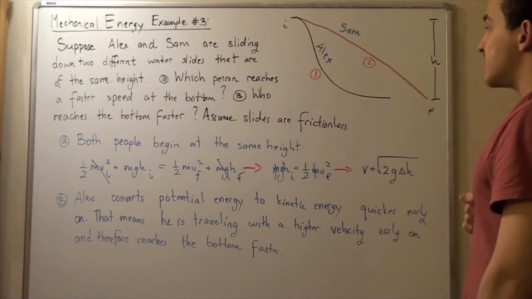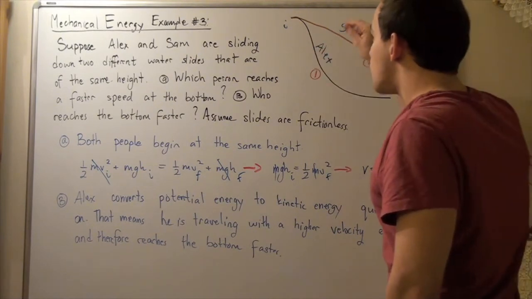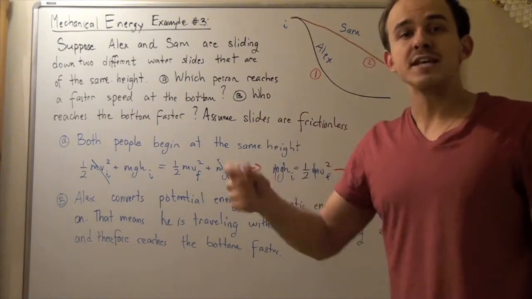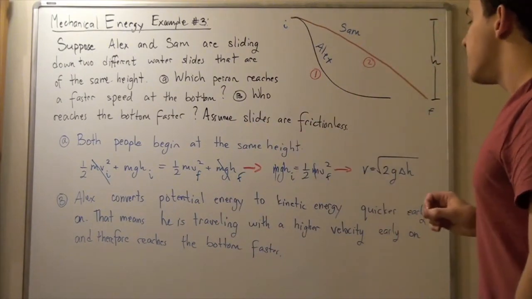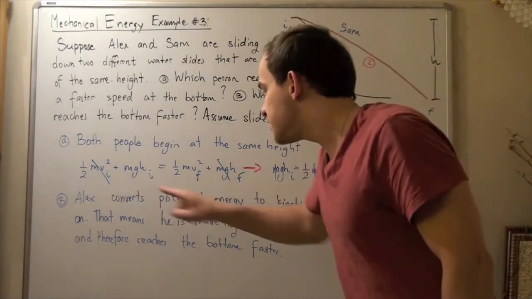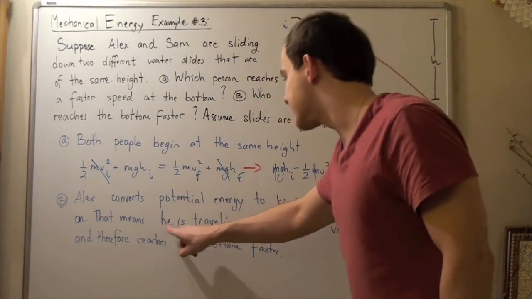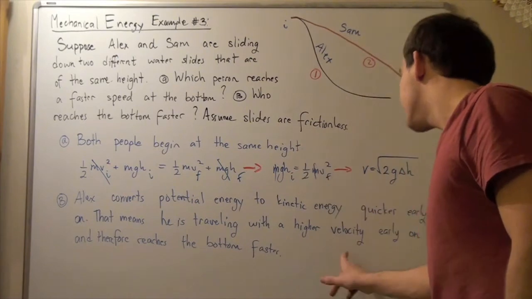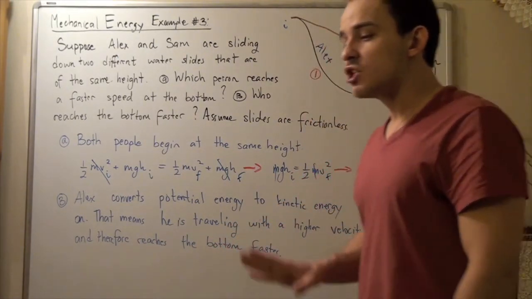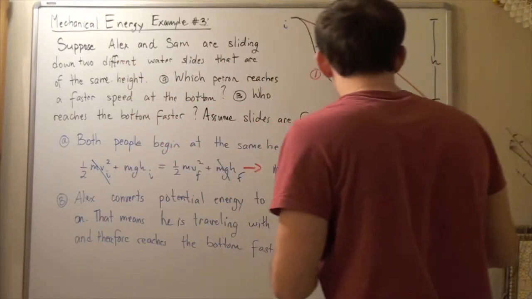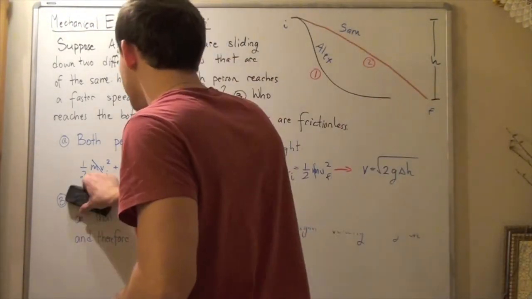And what that basically means is that he travels with a faster speed early on. So he will reach the bottom faster. In other words, this means that Alex is traveling with a higher velocity early on and therefore reaches the bottom faster. So let's show you another way of solving this problem.